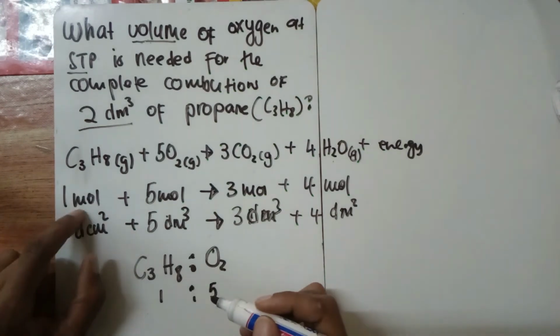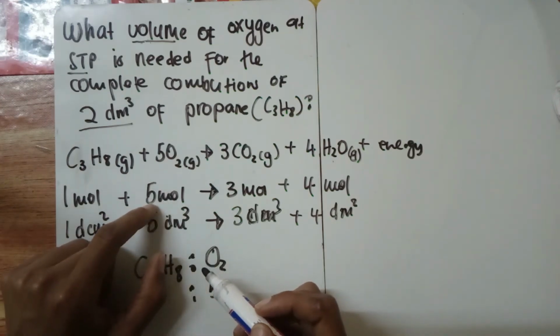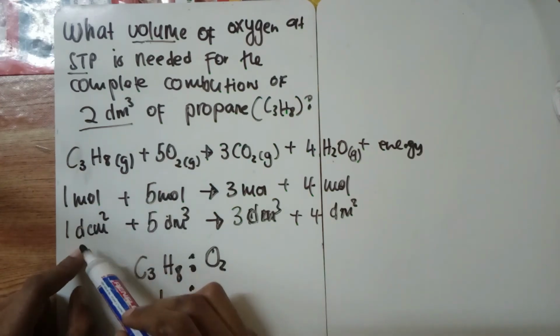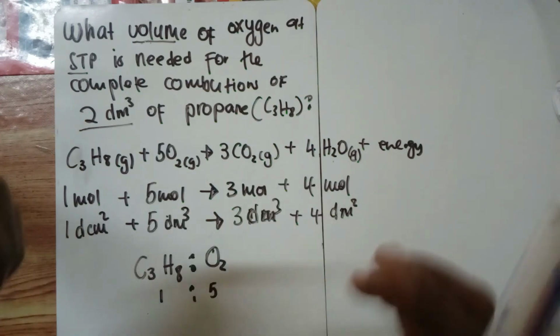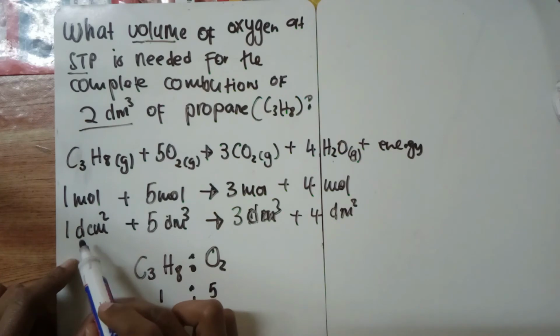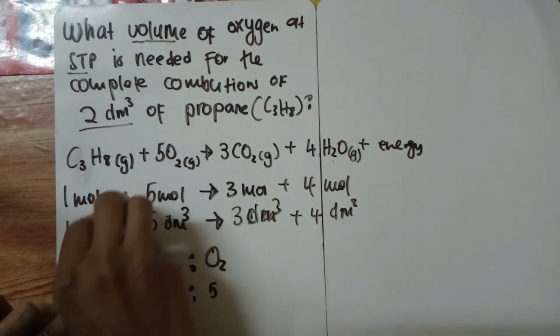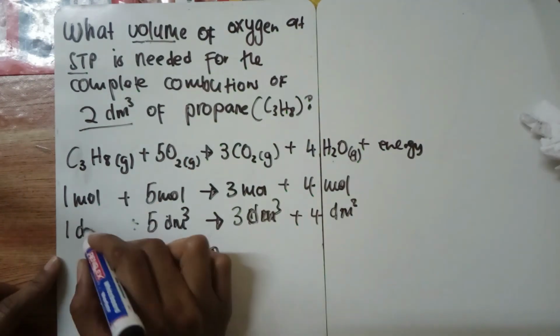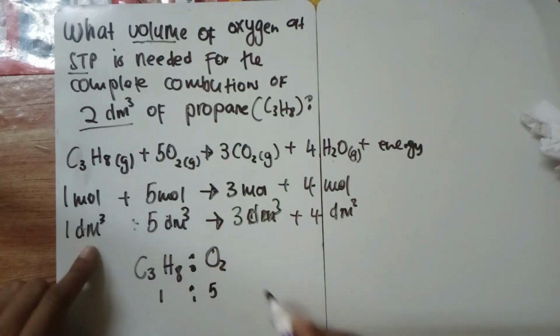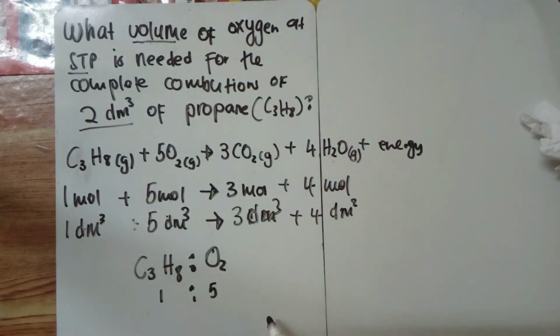So for every 1 mole of propane, we need 5 moles of oxygen. And this implies that for every 1 cubic decimeter, we need 5 cubic decimeters of oxygen, right?